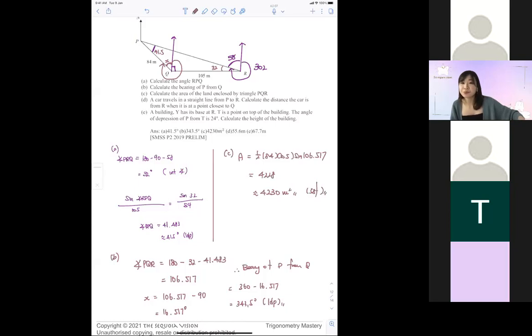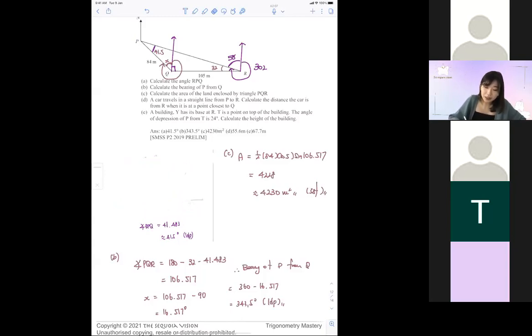Yan, you okay? Okay, I need to erase this to do part D. So, later I need any value, you guys help me, okay?